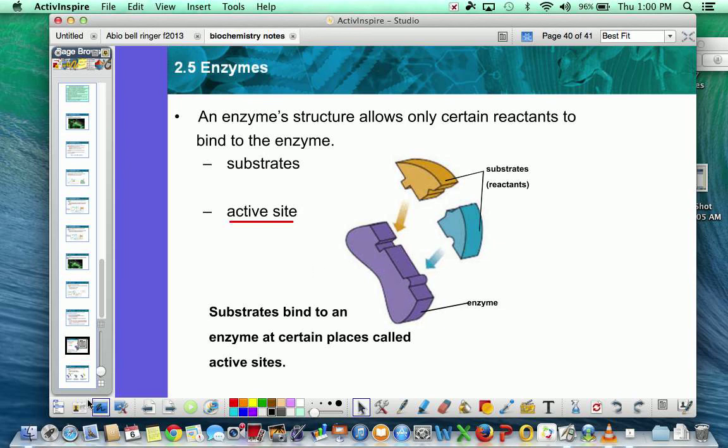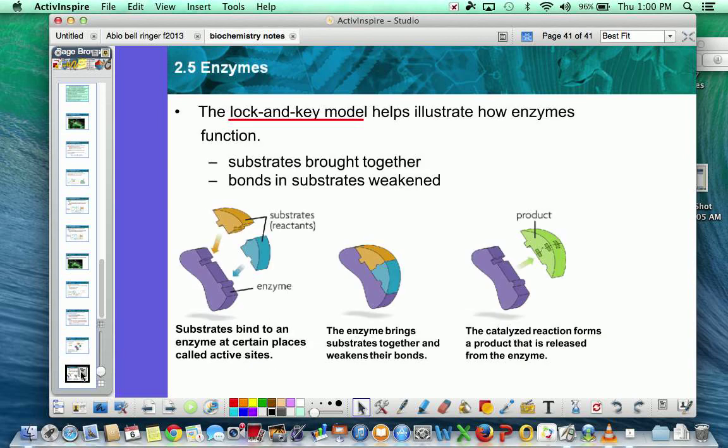If I flip to the last slide, I think it gives a little bit more detail. You can see that this whole picture is showing the lock and key model. So what happens in lock and key is very specific keys fit with very specific locks, right? I can't put my door key in your lock at your home and open your door. It wouldn't work. Only my door key will work on my door at home.